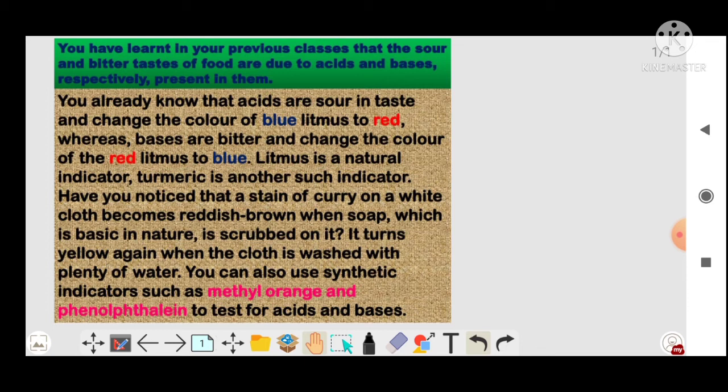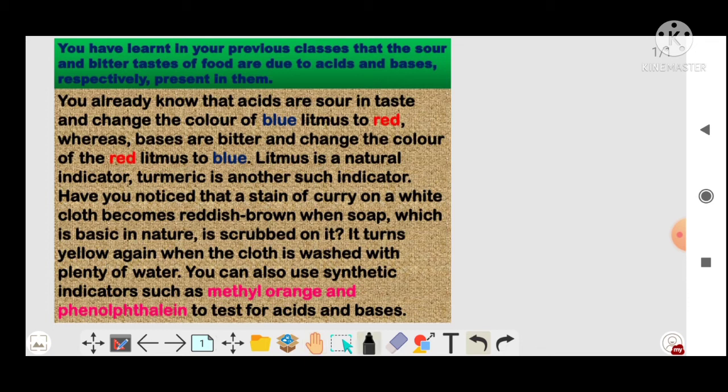Besides this, you can also use synthetic indicators. What are these synthetic indicators? Methyl orange and phenolphthalein. These two are synthetic indicators to test for acids and bases.